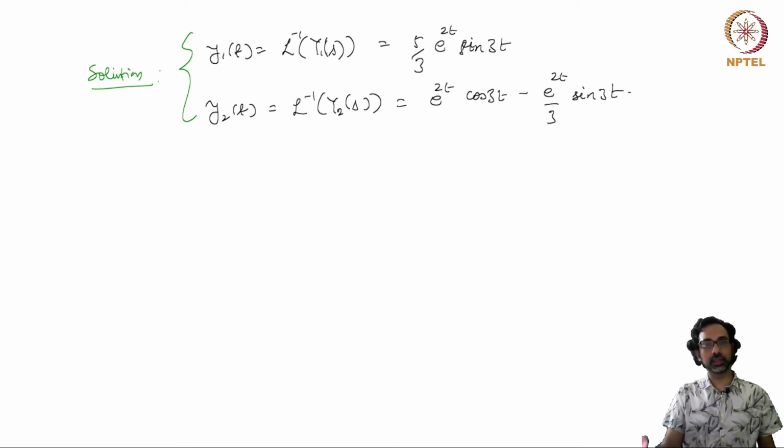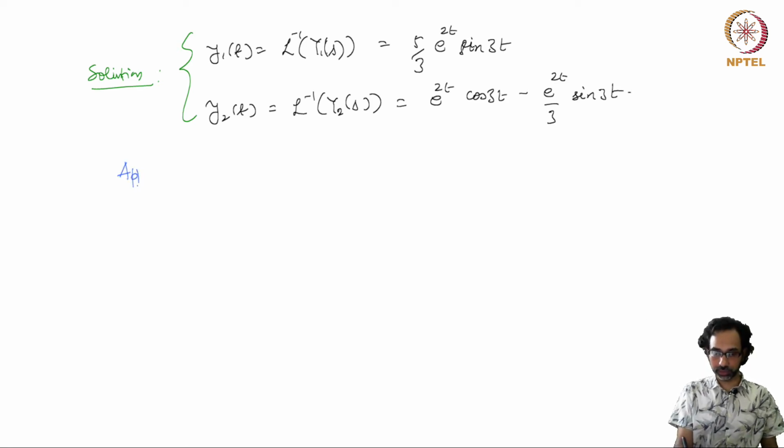So therefore we can easily use our Laplace transform techniques that we know very well to solve such equations. Now let me give an application in physics, and in particular mechanics.